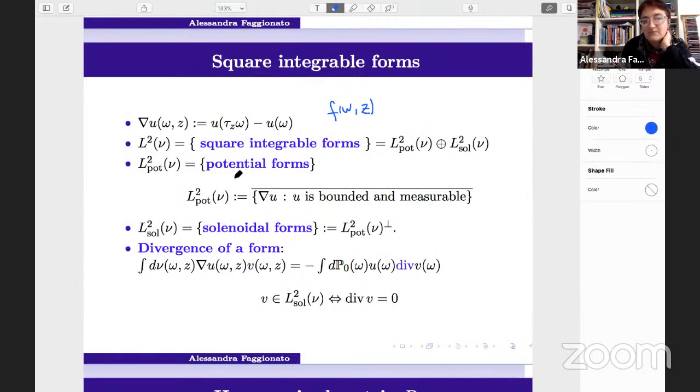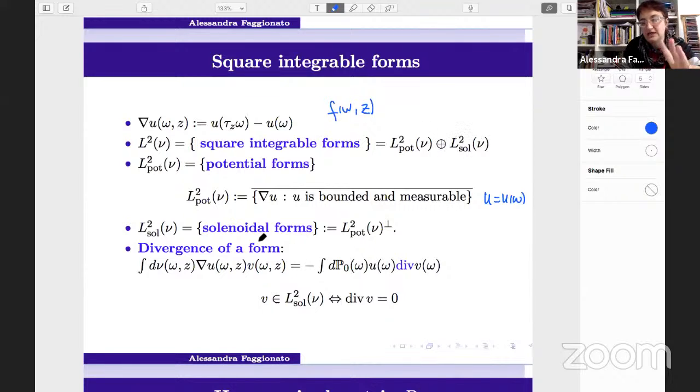One is the space of potential forms, A2 pot of nu, which is the closure of the gradient of u when u is bounded and measurable, u of omega. These are the potential forms, similar to the classical definition of potential vector fields. And then the space of solenoidal forms is its orthogonal subspace. So this is an orthogonal decomposition.